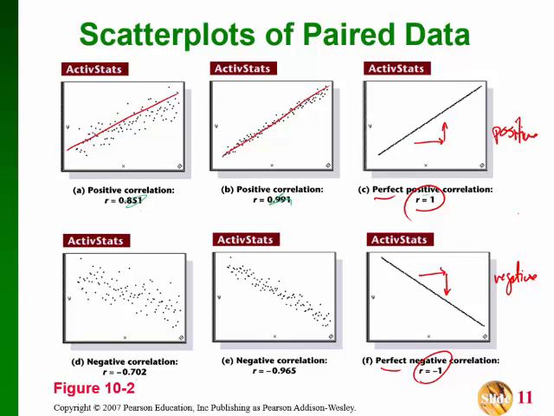That's usually a good thing to do. For the sake of time, the exercises we're going to be doing don't have very many points. Something like this has over 30 points, which is a good number to look at, and then you can see the correlation. But when we have fewer and fewer points, it's harder to guess the correlation.